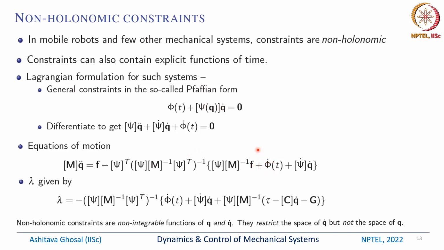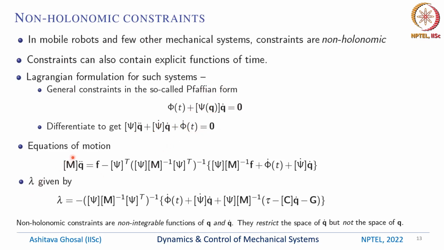So sometimes the constraints could be directly in the form of psi into q dot and non-integrable, and this term shows the explicit function of time. So we can have constraints with an explicit function of time that involve q and q dot. We can differentiate this constraint to get psi into q double dot plus psi dot q dot, which comes from this term using the chain rule, and phi dot of t equal to 0.